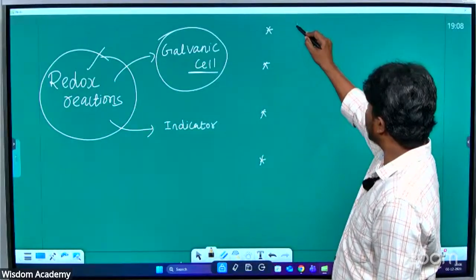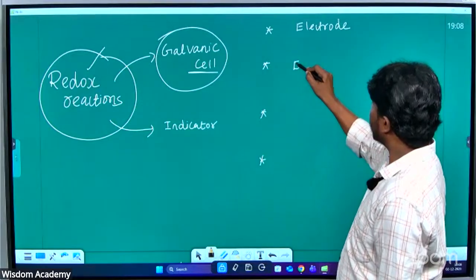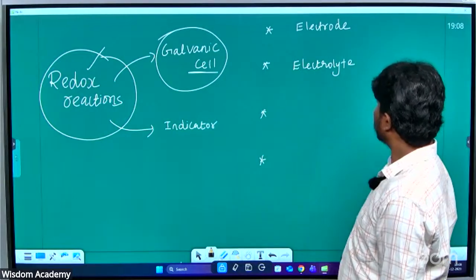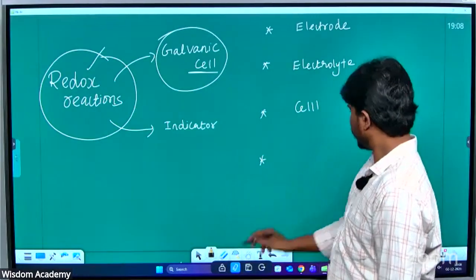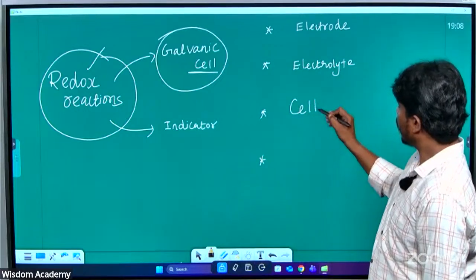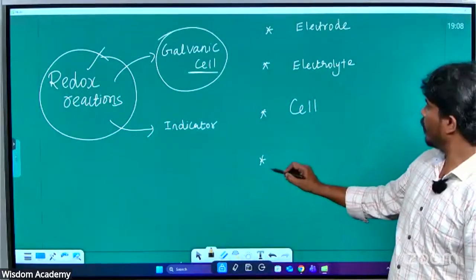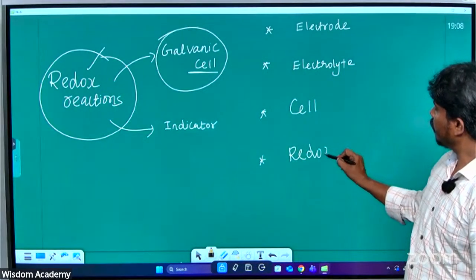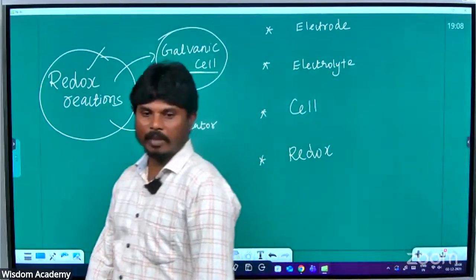First one, electrode, electrolyte, cell, redox, or anode compartment, cathode compartment also available.